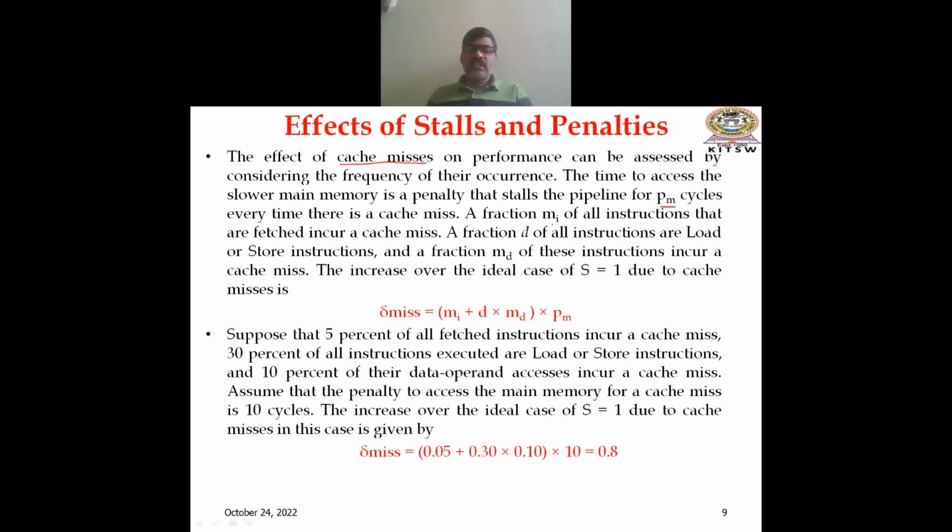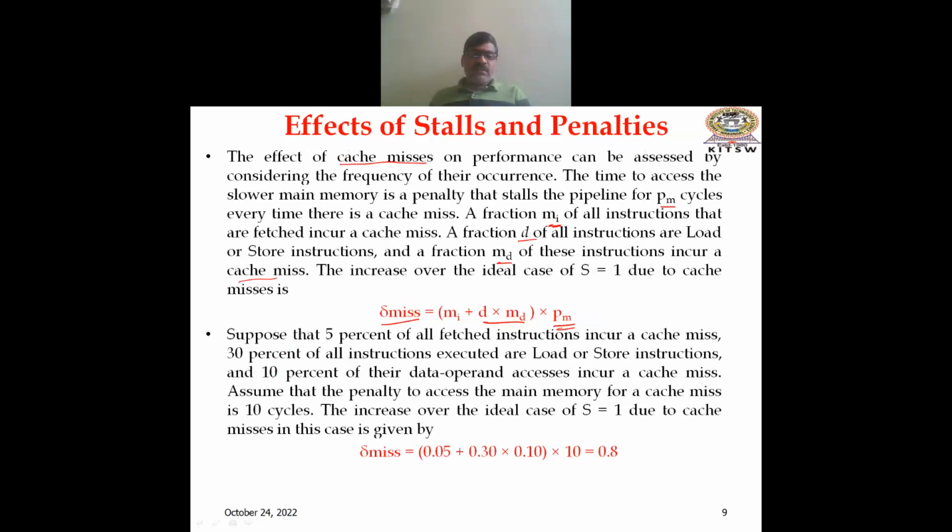So a fraction mi of all instructions that are fetched incur a cache miss. A fraction d of all instructions are load or store instructions, and a fraction md of these instructions incur a cache miss. So the increase over the ideal case of S equal to 1 due to cache misses is delta miss equal to (mi plus d into md) into pm.